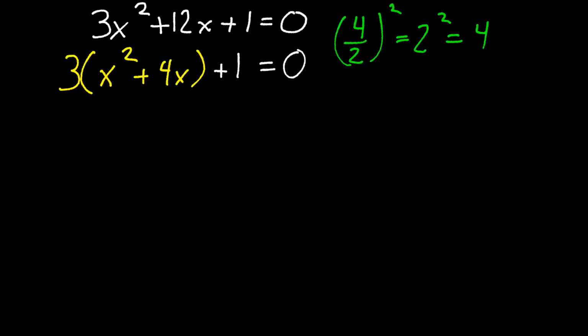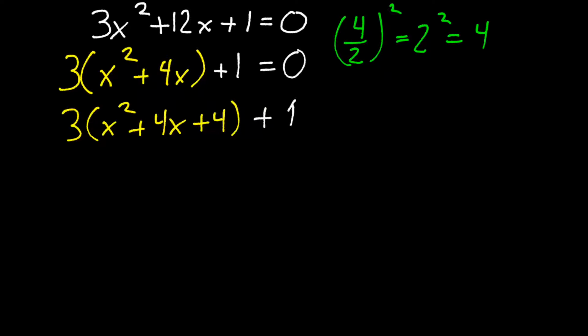Alright, so what does that give me? That gives me my original 3 times x squared plus 4x, and since this is where our perfect trinomial is going to be, the 4 that I got over here is going to go inside here, so plus 4. I still have my 1 from before, but this is where it's different.